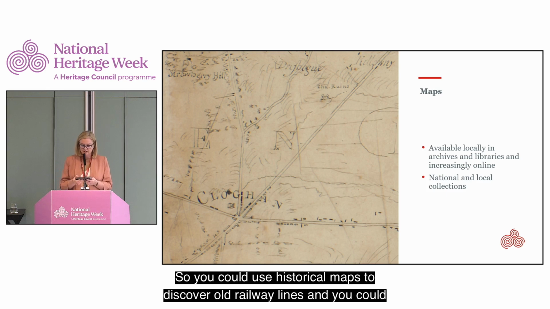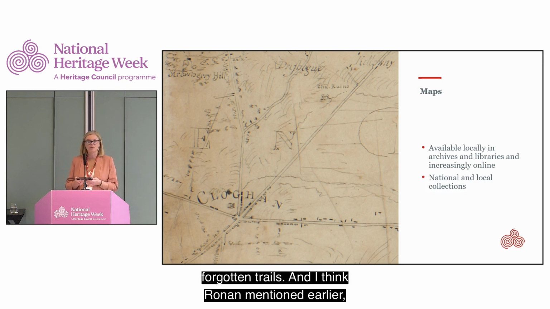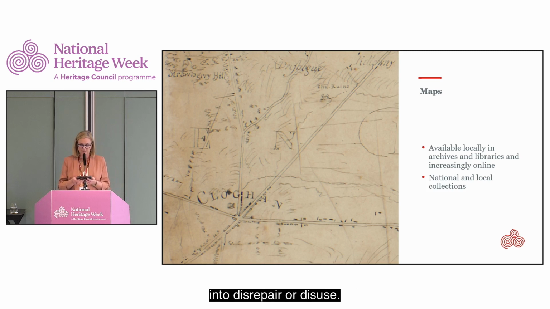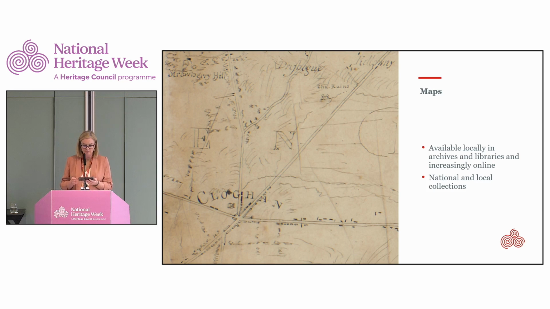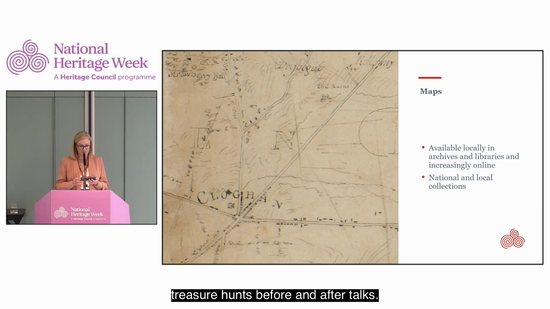So you could use historical maps to discover old railway lines, and forgotten trails, and I think Ronan mentioned earlier the old paths and thokers and schlies that may have fallen into disrepair or disuse. So you can do amazing things like walking trails, treasure hunts, before and after talks.